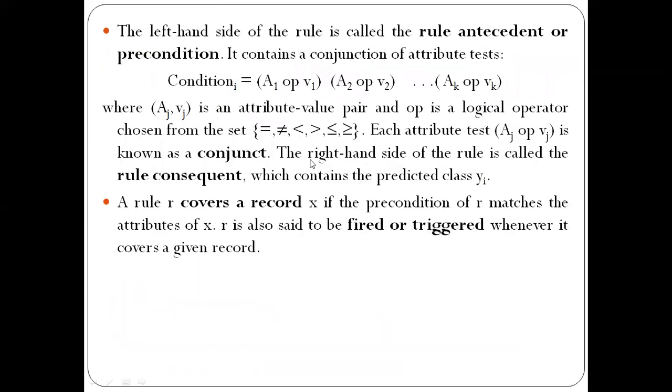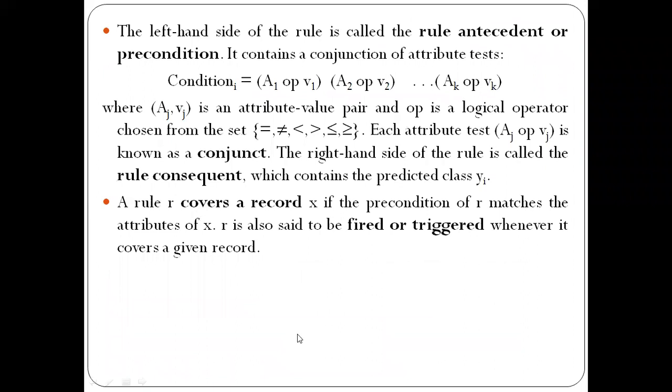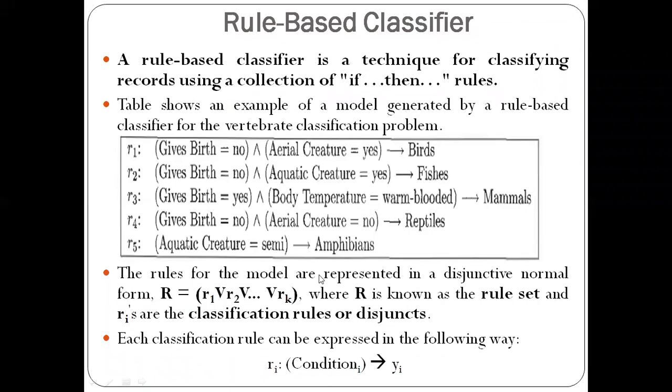Then this condition, or the LHS part, is called the rule antecedent. This LHS part in each rule, this complete part, in the rule R1 for example, gives birth equal to no and aerial creature equal to yes, this complete part is called the rule antecedent.